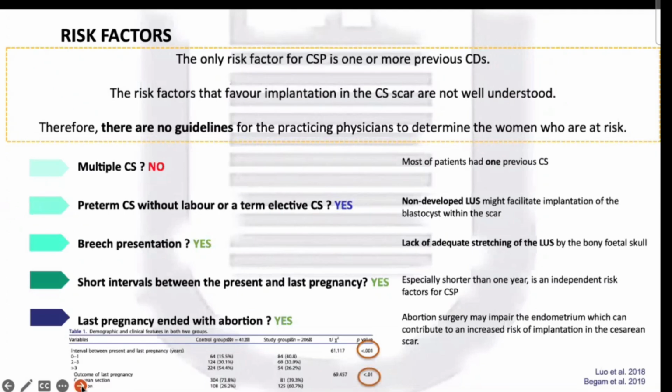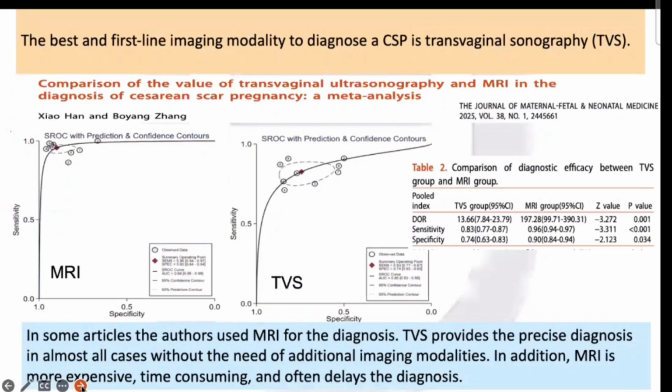It seems that the risk can be the no stretching of the uterine lower segment during breech presentation or term elective cesarean section, and also the interval between the 2 pregnancies, the present and the last pregnancy, can be also risk factors.